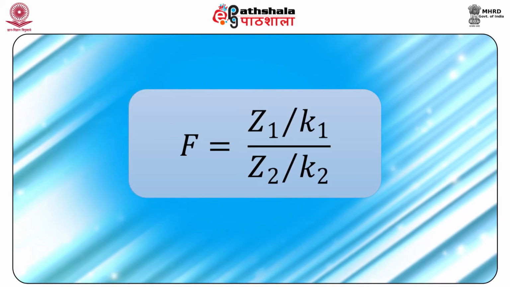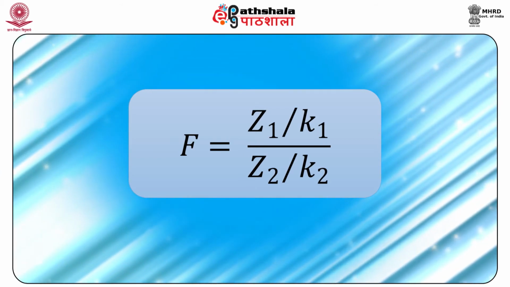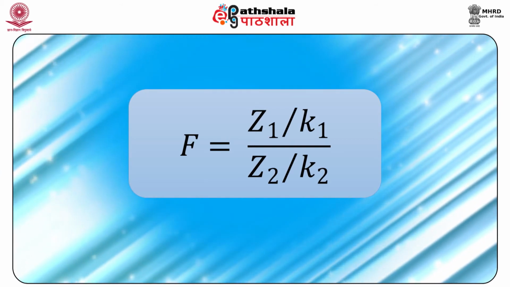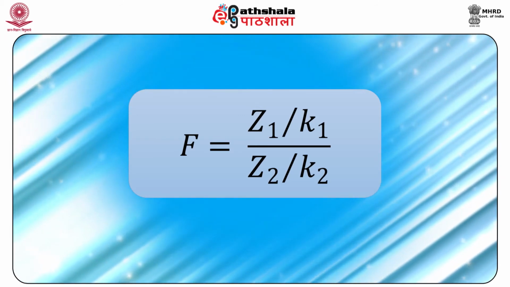Let's now look at another important distribution, which is the F distribution. In the F distribution, suppose we have two independently distributed chi-squared variables, namely Z1 and Z2, whose degrees of freedom are K1 and K2 respectively.